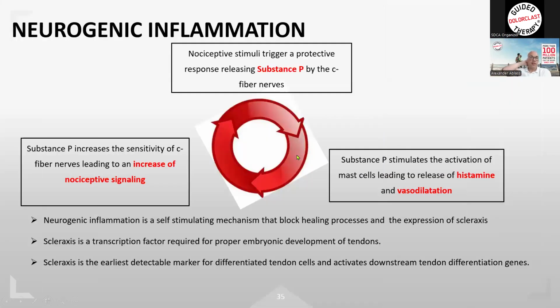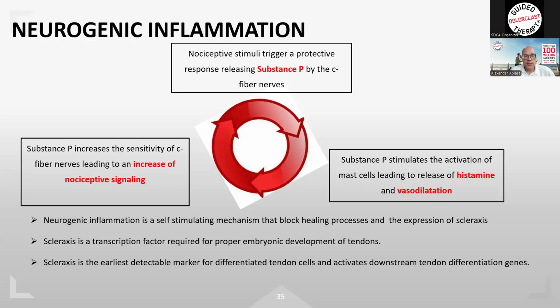Let's talk about these. To talk about the pain and the healing, we need to talk about one basic piece of information, and it's called neurogenic inflammation. Neurogenic inflammation and substance P, which is important for the pain feeling, are working together. They are a kind of self-stimulating mechanism.